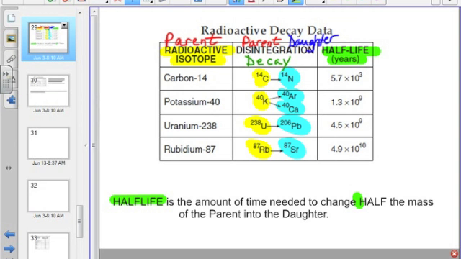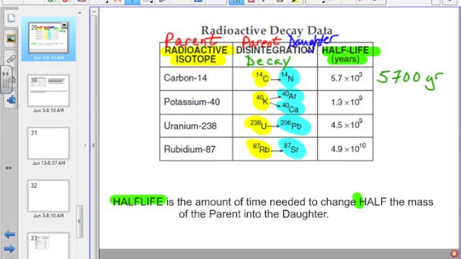Now, what amounts of time are we talking about for the half-life? Well, for carbon-14, it is the one on our chart that has the smallest half-life. 5.7 times 10 to the 3rd is 5,700 years. Carbon-14, because it has such a small half-life, is used to date things that are more recent events, going back to maybe 50, 70,000 years ago.